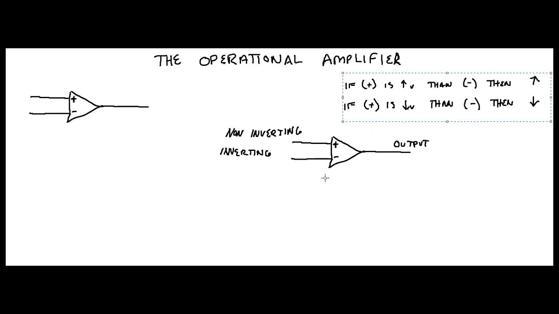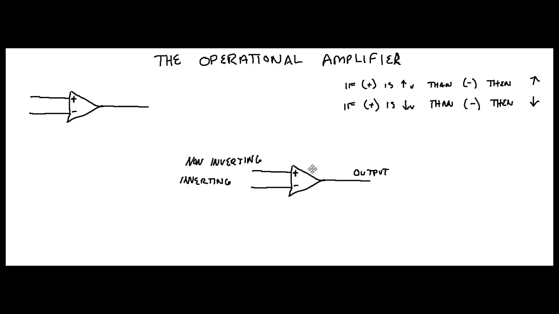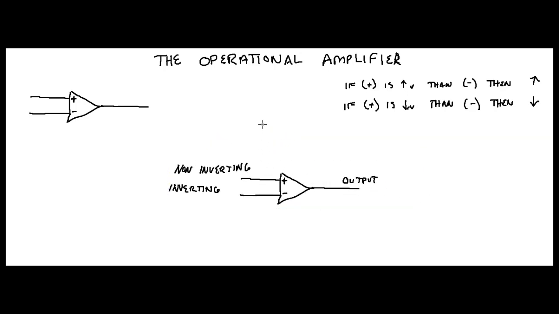Now, the one thing I didn't draw here, which I'm going to draw now, is how you power the amplifier and how that affects your output. When you have an amplifier, you're also going to have two other inputs. You're going to have your positive voltage input and your negative voltage input. I just call this V plus and V minus.